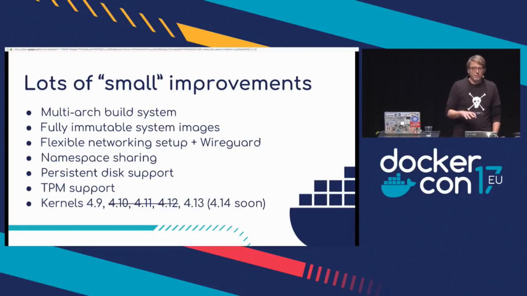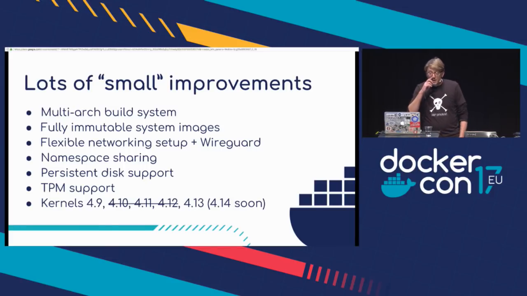As part of the ARM64 support, we had to rejig the whole packaging system. I'm going to talk about that a little bit later in more detail. We also changed the setup of the LinuxKit system to be fully immutable system images. We added a more flexible networking setup, and in particular, we added support for something called Wireguard.